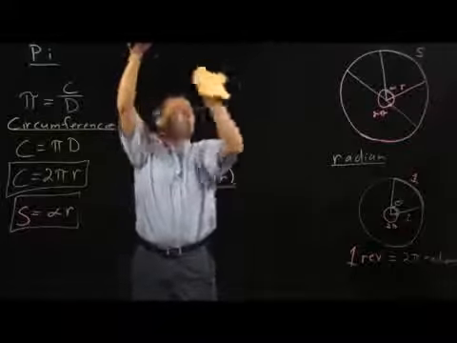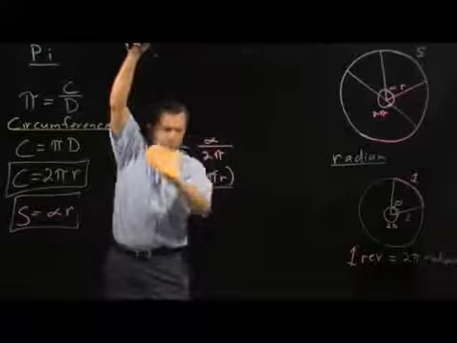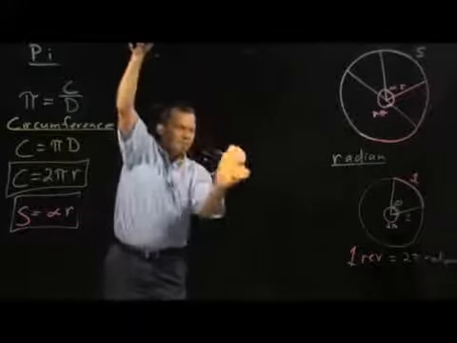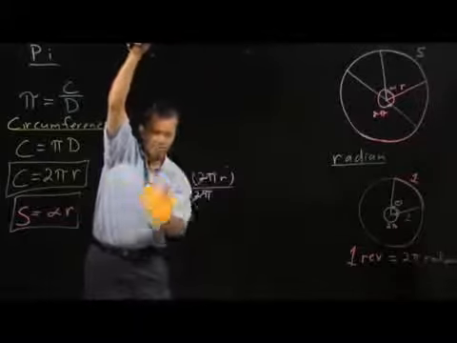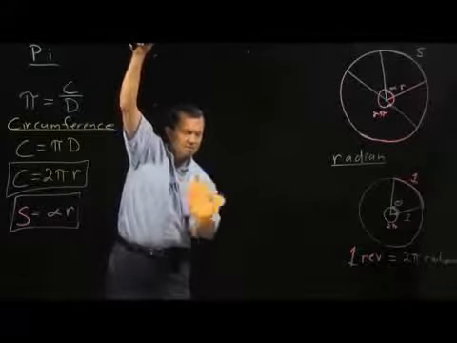Now, there's another way to measure angles. And this is one that you may be more familiar with. And this says if I take 1 revolution around a circle, we have units of degrees.